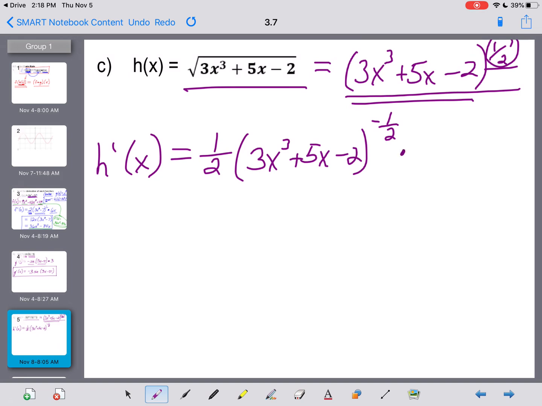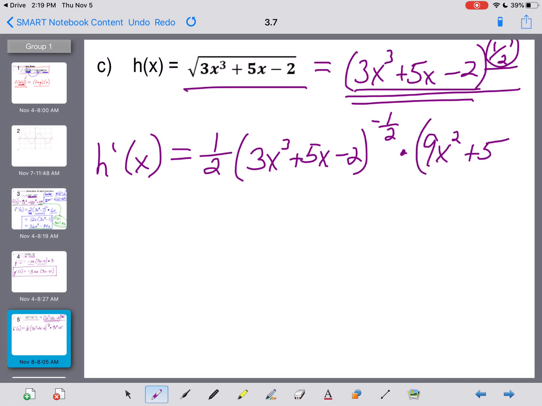And now we multiply that at the end by the derivative within, or the derivative of that innermost function, the base. And that derivative is going to be a binomial. That's going to be a 9x squared and a plus 5. And I think everybody knows this, but a lot of us think we know it so well that we don't need to bother writing it, and then we end up making mistakes.